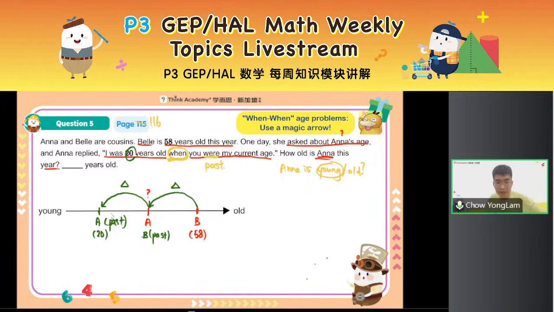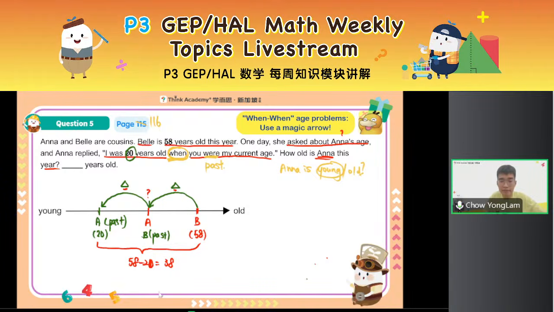Here I have 20 and 58. And at least I know there's a gap of 58 minus 20 equals 38. So the gap from Anna's past to Belle's present is 38. But now I have two triangles.